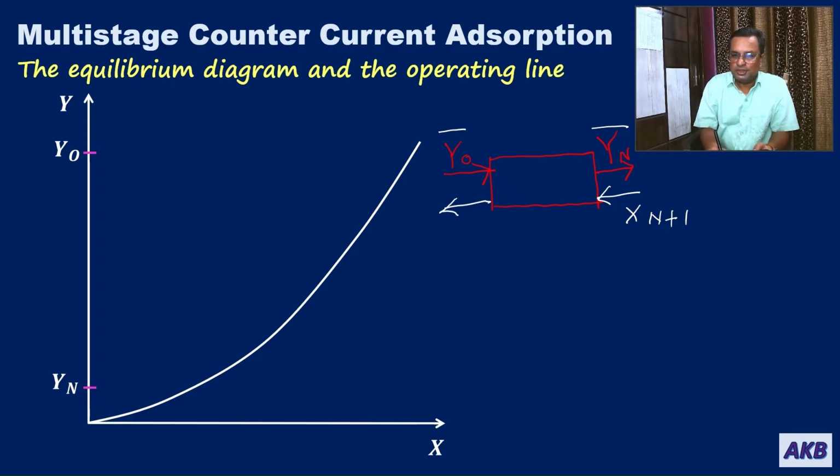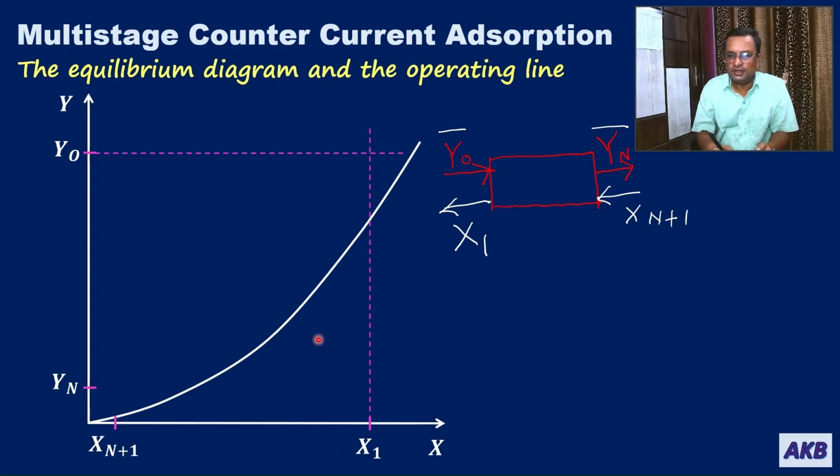And when the adsorbent phase comes out of the operation, the concentration on the surface of the adsorbent is X1. So in the case of the adsorbent phase, the concentration of solute increases from Xn plus 1 to X1. You can show that on this equilibrium diagram.